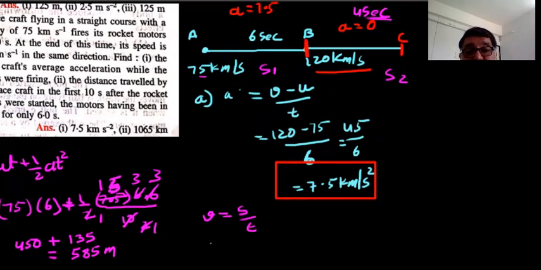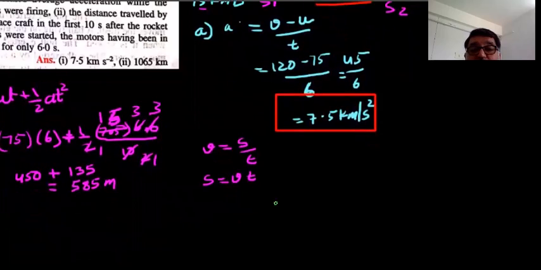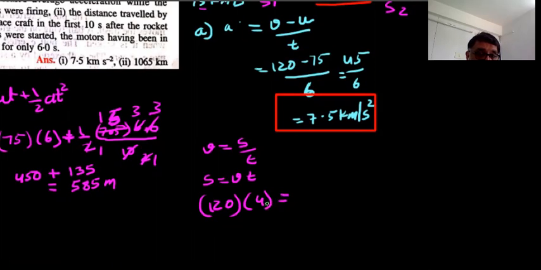So displacement equals velocity multiplied by time. Velocity is 120, so 120 multiplied by 4 seconds, which will be equal to 480 meters. Everyone clear? So S2 equals 480 meters.